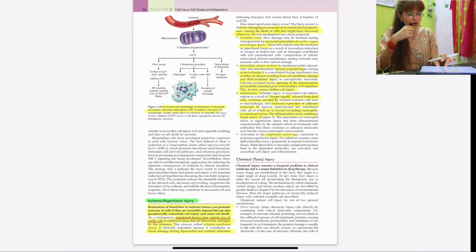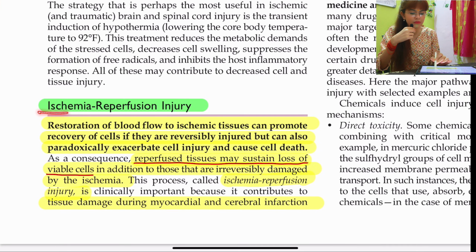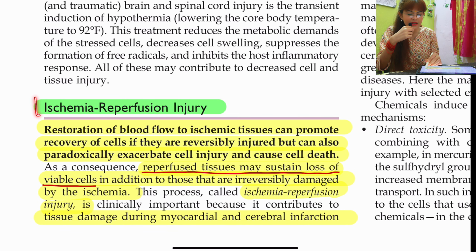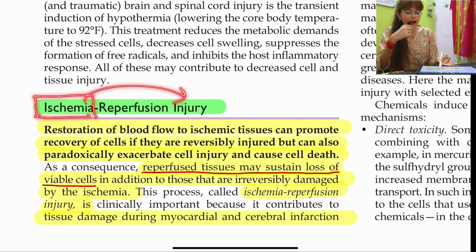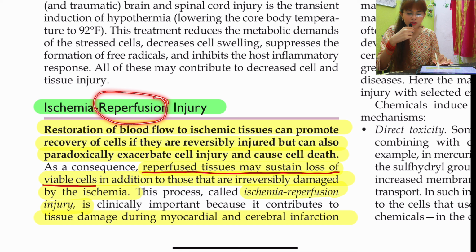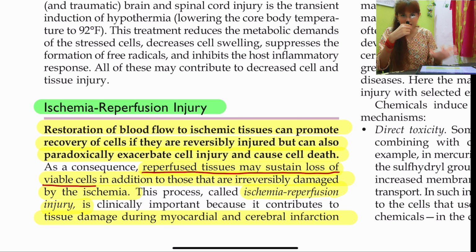Now there's a very important concept here, which is known as ischemia reperfusion injury. It is important to understand the meaning of ischemia reperfusion injury. See, whenever there is ischemia, there is some kind of injury that we know, right? But what is this reperfusion? During ischemia, some kind of reperfusion would save the cells from getting destroyed, isn't it?